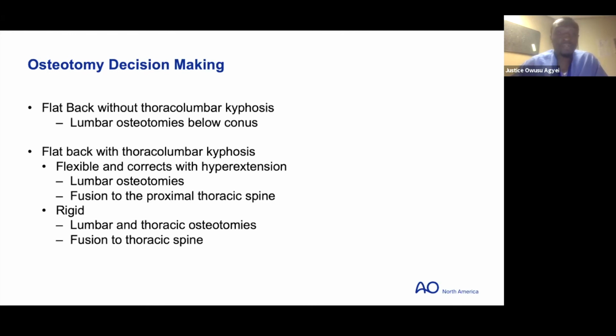So in patients with flat back without any thoracolumbar kyphosis, one can perform lumbar osteotomies below the conus and may be able to achieve correction of that deformity.